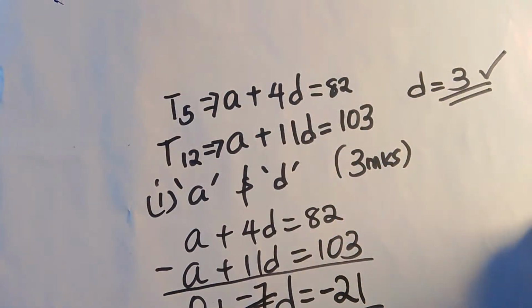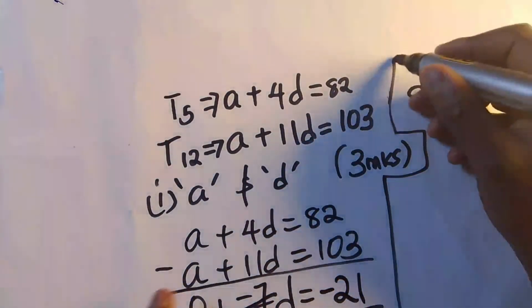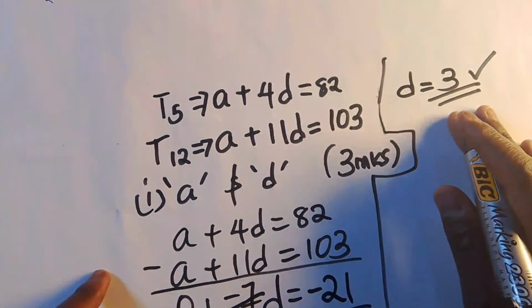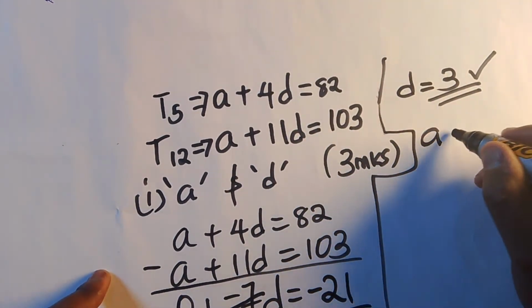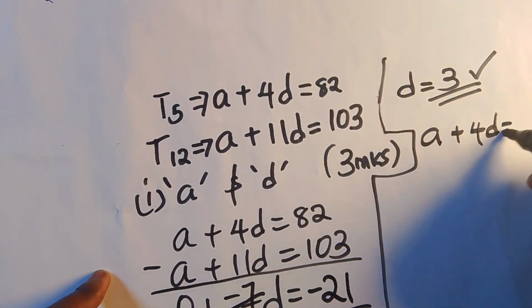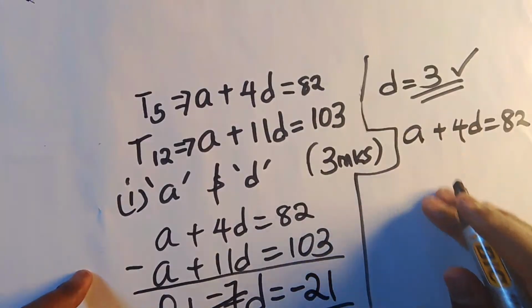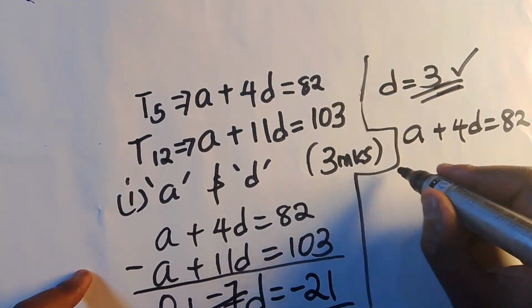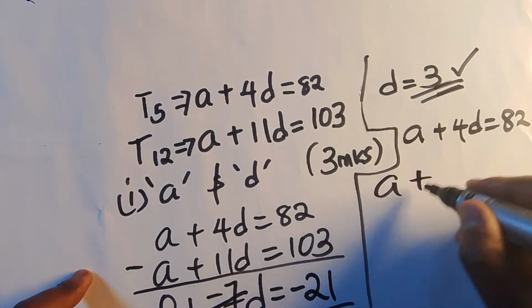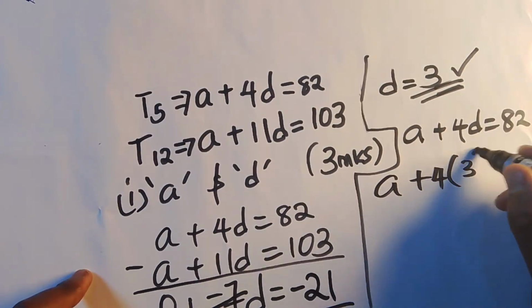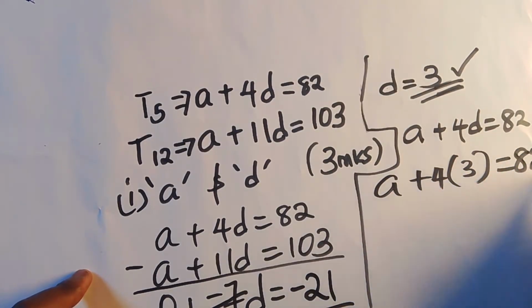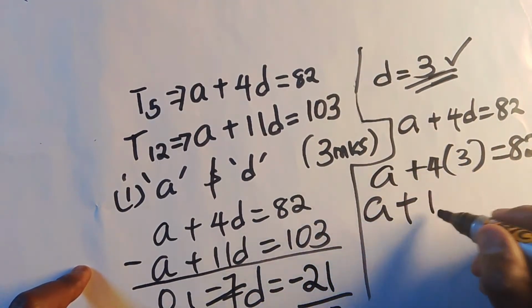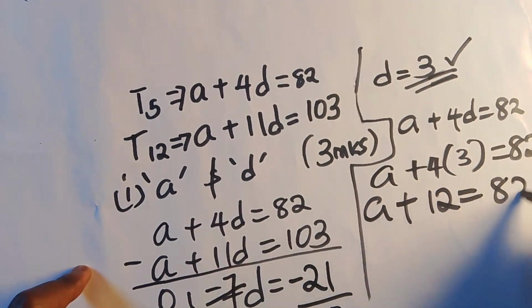To get our a, we can use either of these equations. So we take a plus 4d is equal to 82. Once we do that, our d is 3, so a plus 4 times 3 is equal to 82.